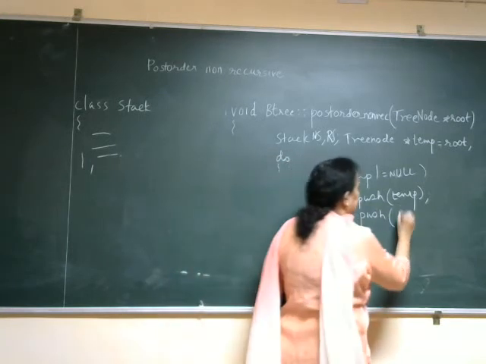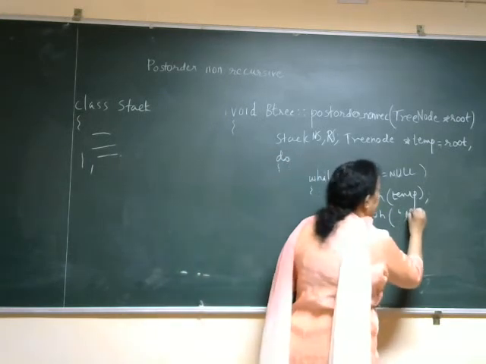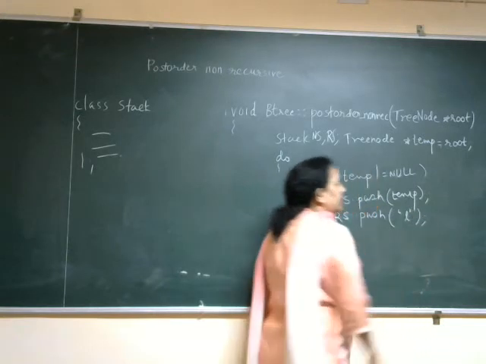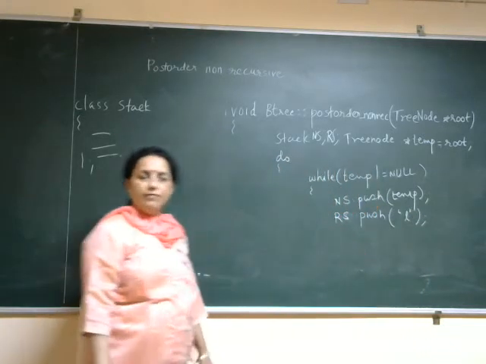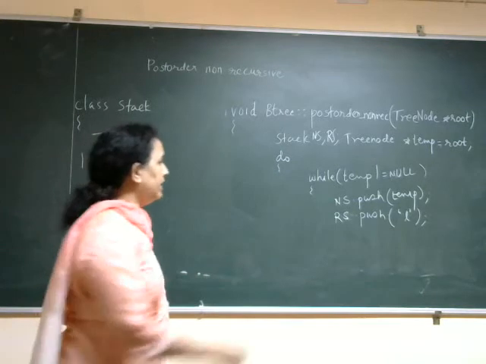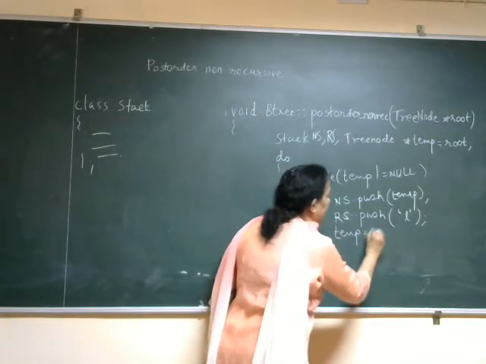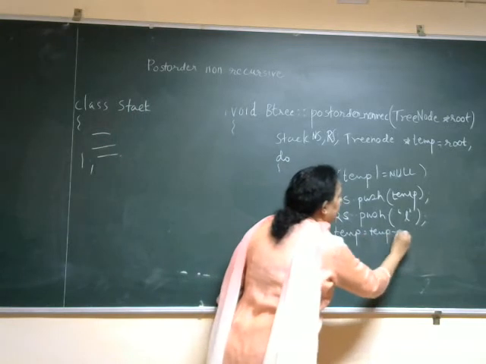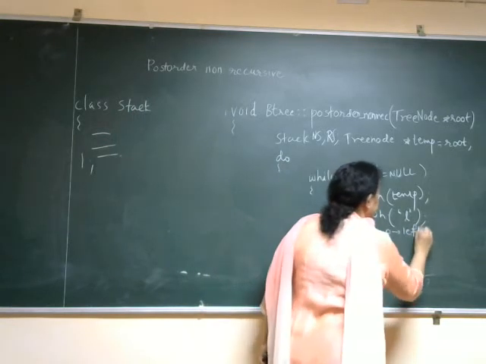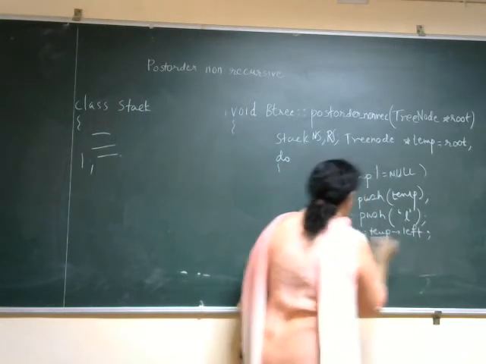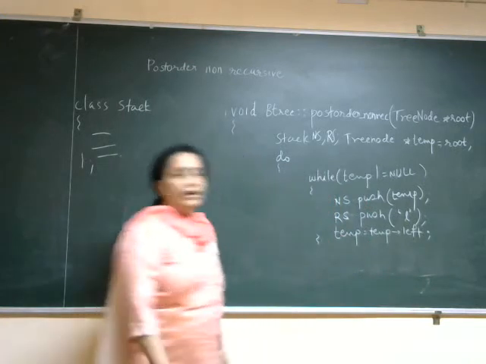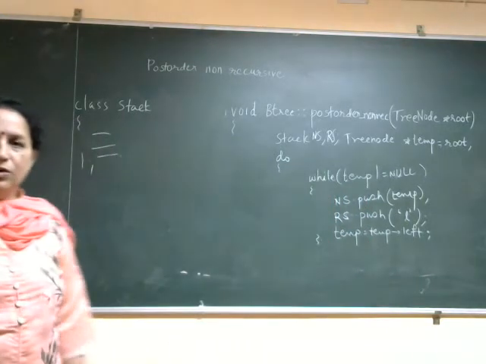Now what is return address? We will execute afterwards. Now this is my first step, and then I should change temp is equal to temp pointer left, while temp not equals to null. I should do this. Okay.